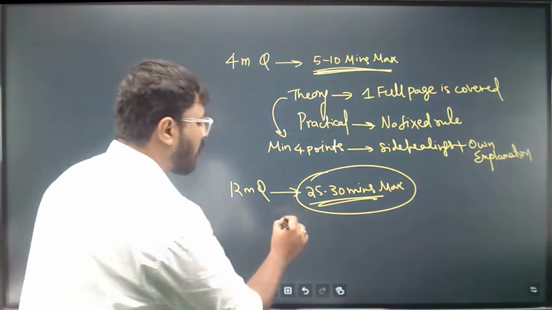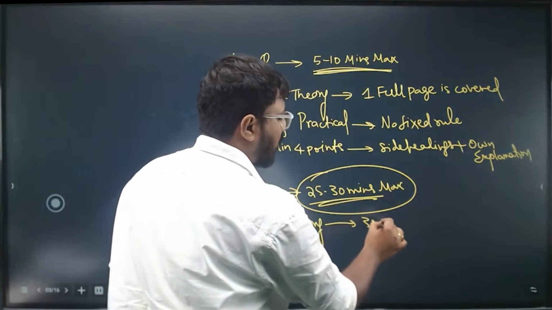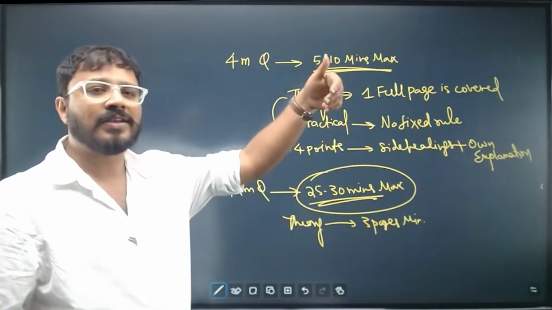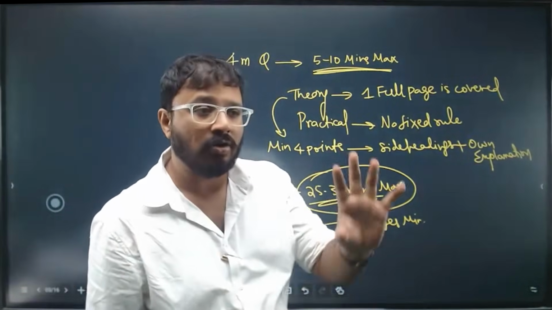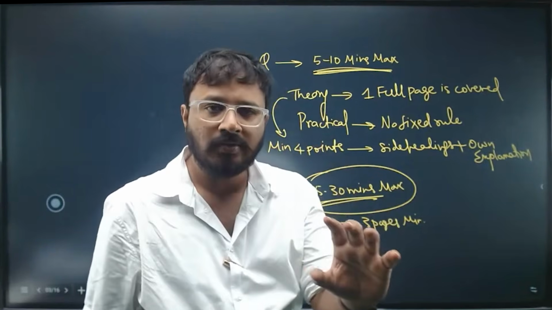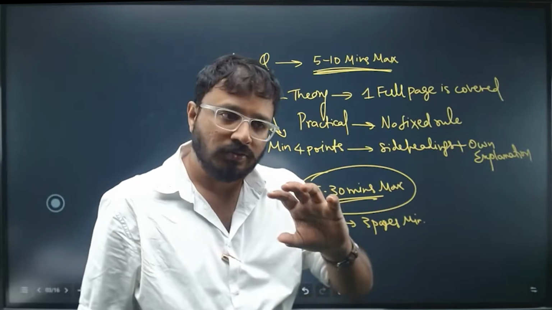And regarding the theory, make sure 3 pages are covered minimum. Don't extend beyond 4, 5, 6 pages. Don't write like that. Examiners are not interested in reading all your content there. So focus on the important points, the key points. Focus only on those points.